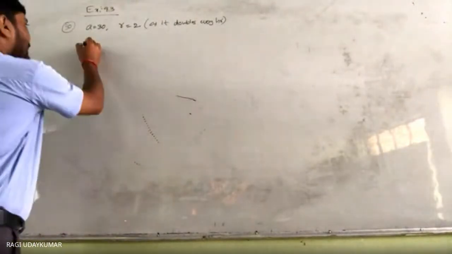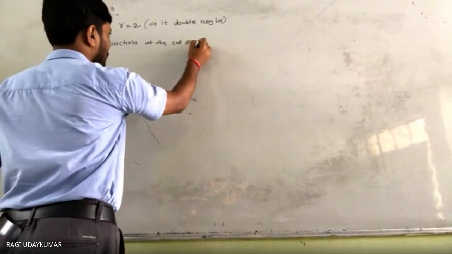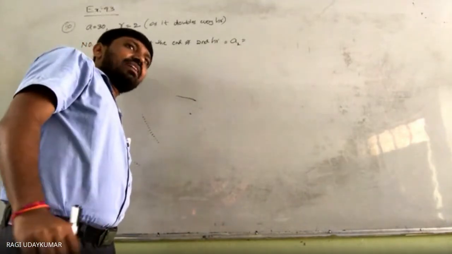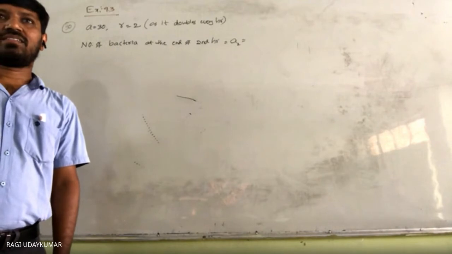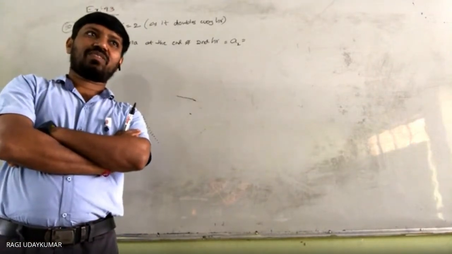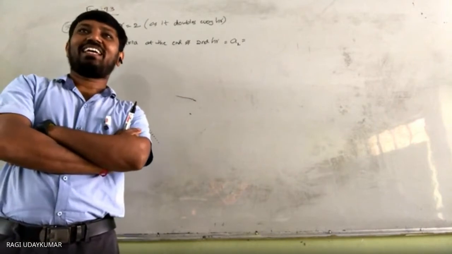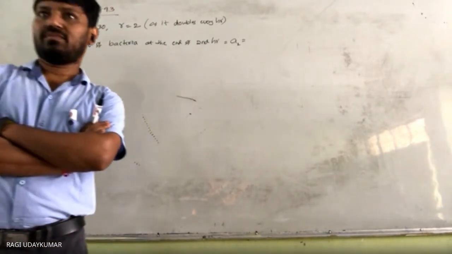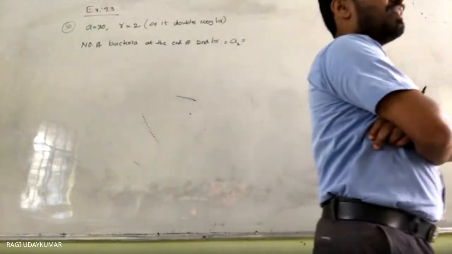So the number of bacteria at the end of the second hour is A2, find out. Find A2, find A3. This type of question should be raised in your mind. I am raising the question to you now. Normally think, at the start it is 30 and at the end of every hour it doubles.